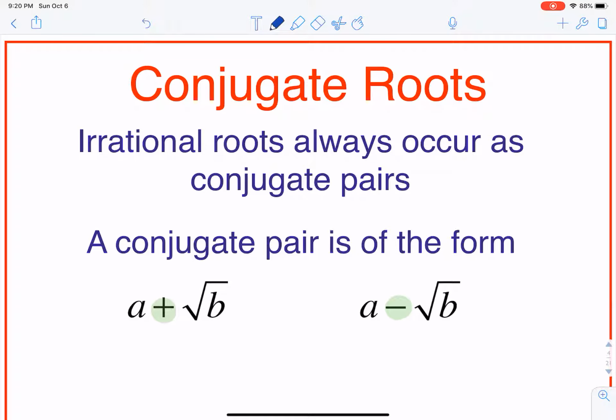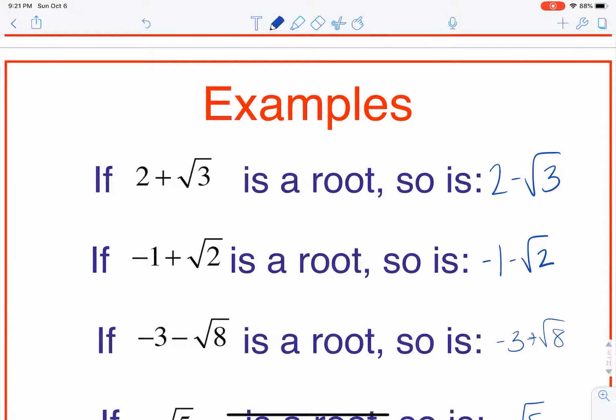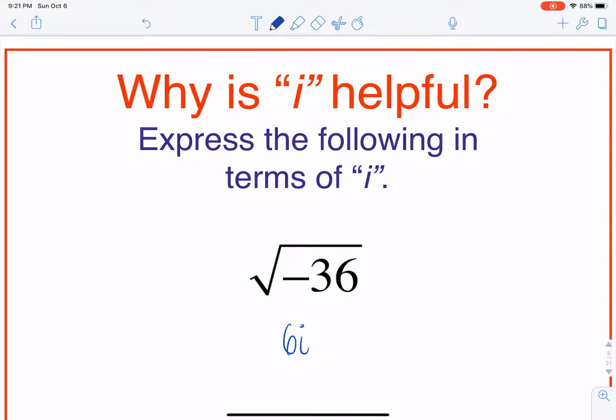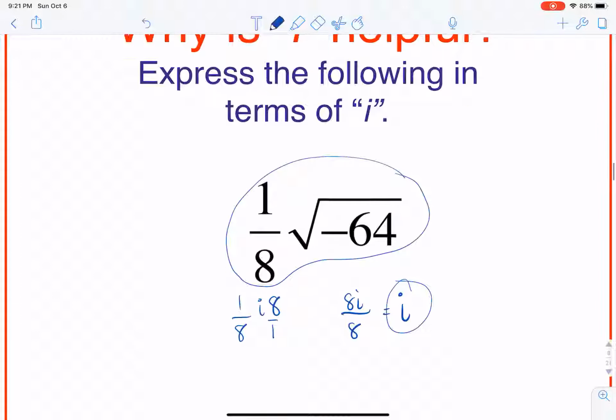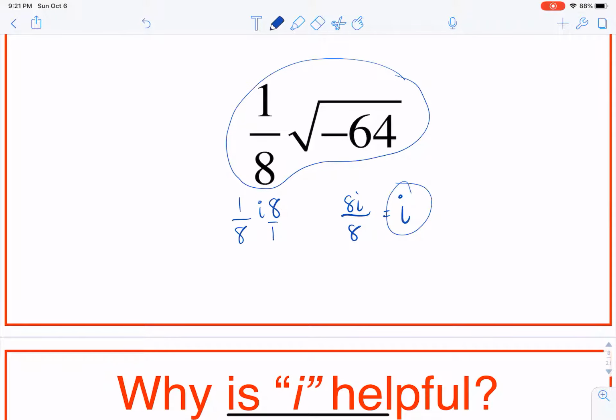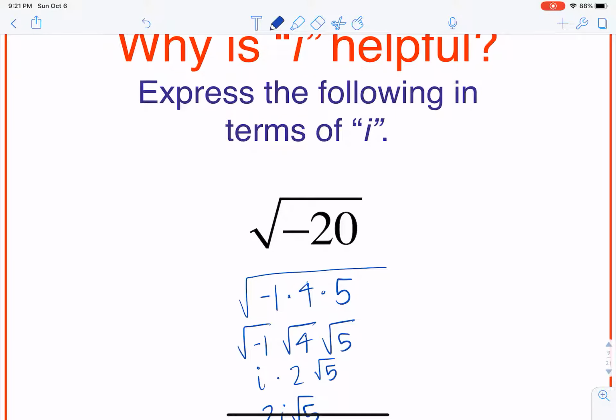Every complex root that we end up finding also has a conjugate pair to it. So that's just a fancier way of saying when I take the square root of a number, it has a positive and a negative solution to it. Why is i helpful? So we can simplify things nicely. We can combine things that we didn't think that we would be able to combine.